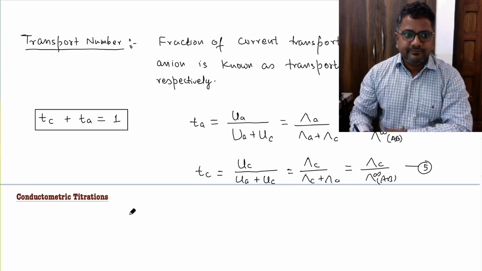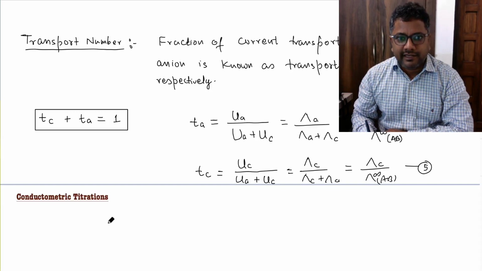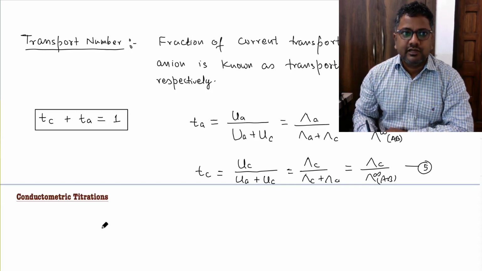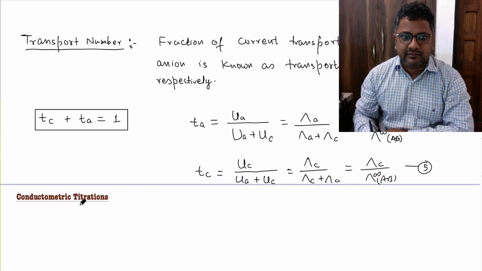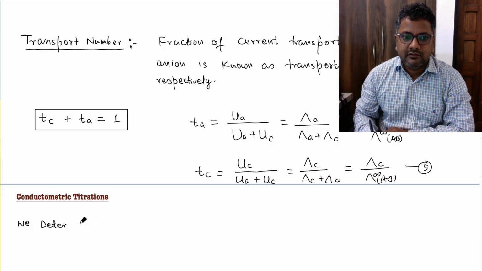So basically, how do we detect the end point by conductometric titration? What is the meaning of end point?